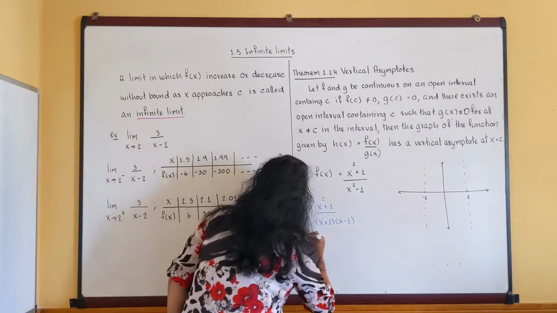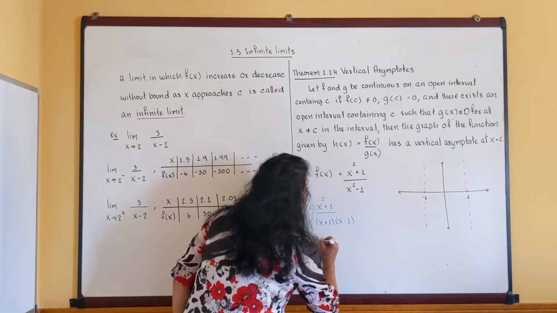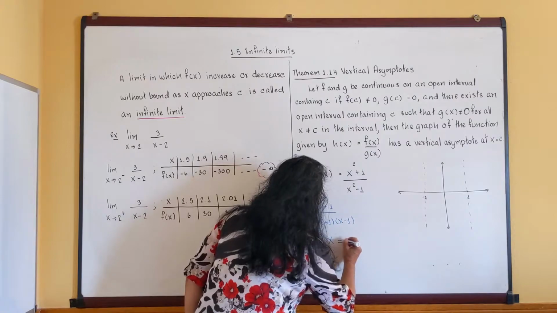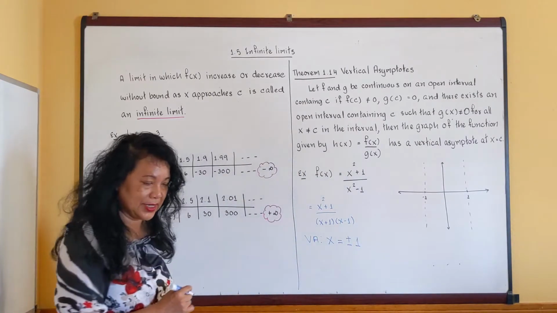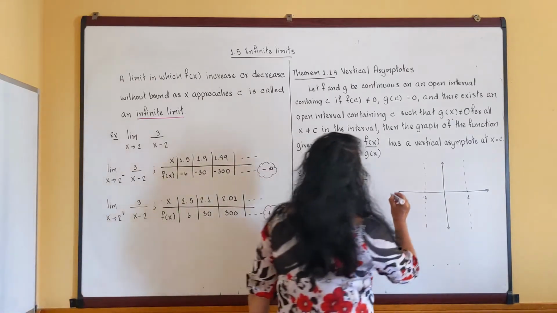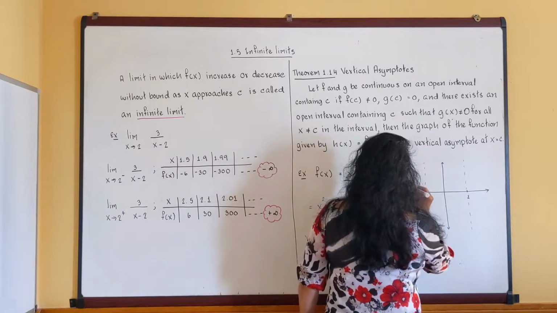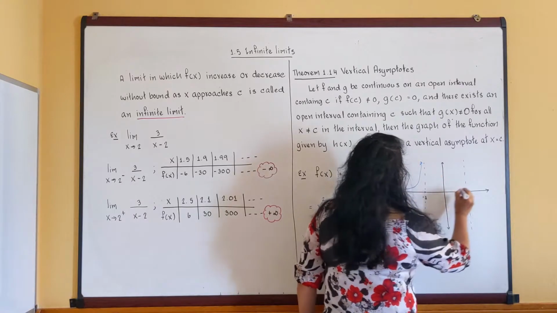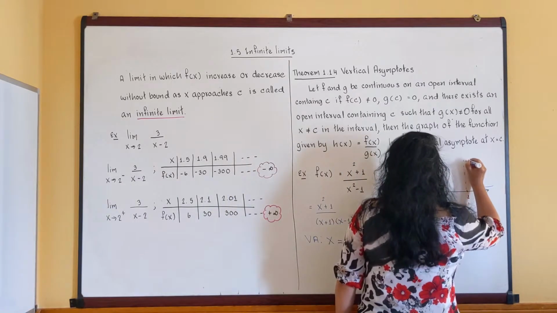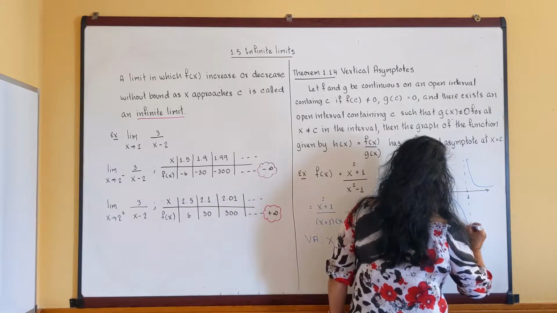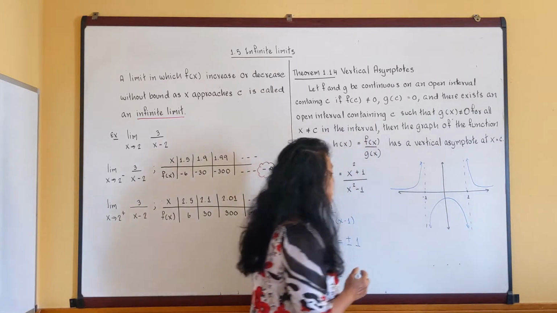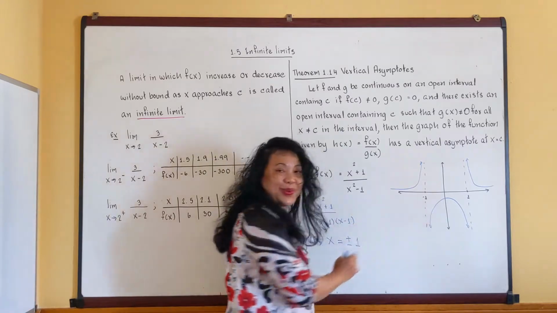So the vertical asymptote for this one will be x equals plus and minus 1. If you graph this, something like this, my vertical asymptote is plus or minus 1.